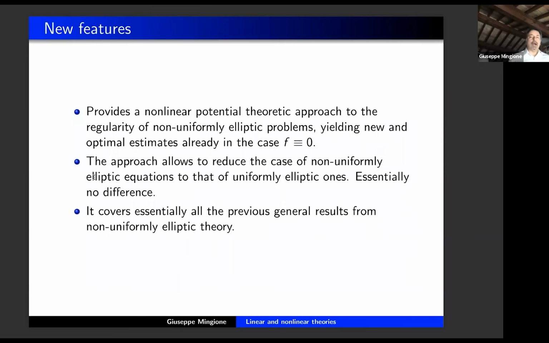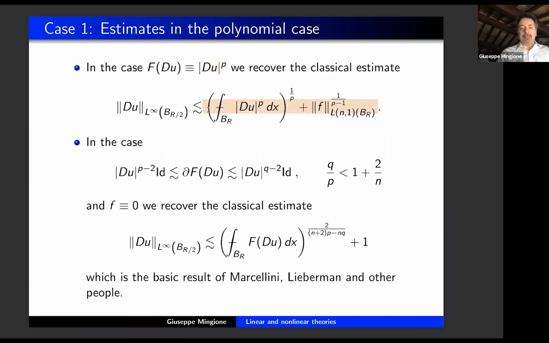And once again, we are plugging these nonlinear potential theoretic techniques into these settings, and we get a new approach to prove estimates that actually simplifies the previous ones. In particular, the previous estimate gives you back the standard estimate we have seen before in the P-Laplacian case, and gives back the classical theorem of Marcellini when the eigenvalues grow with different polynomial rates, under the same bounds of Marcellini.